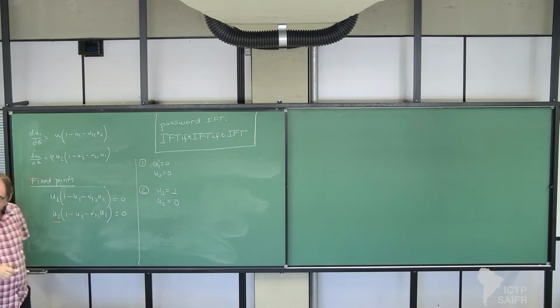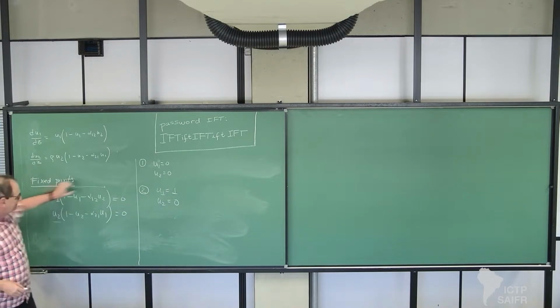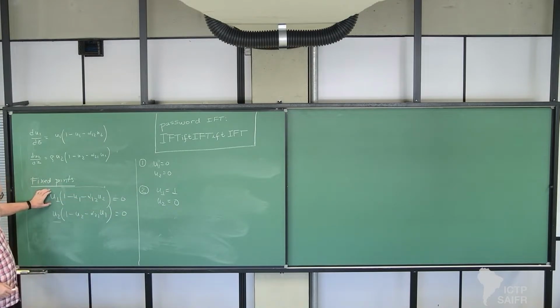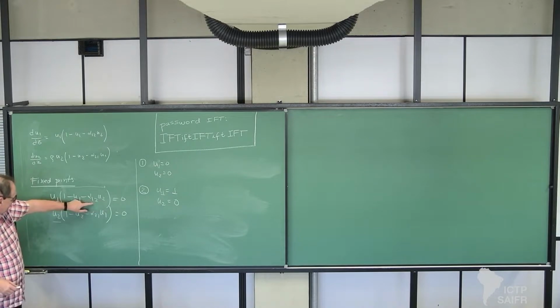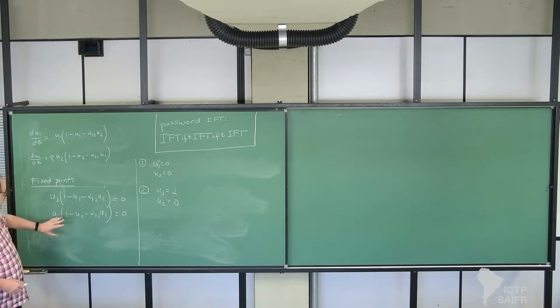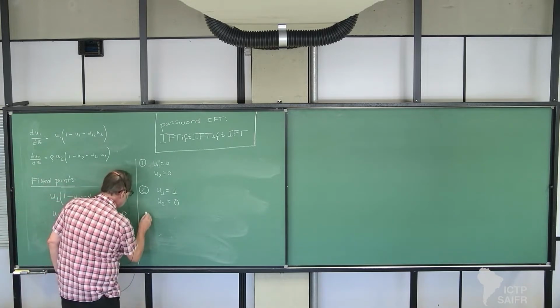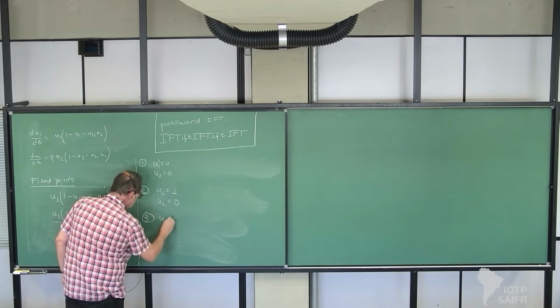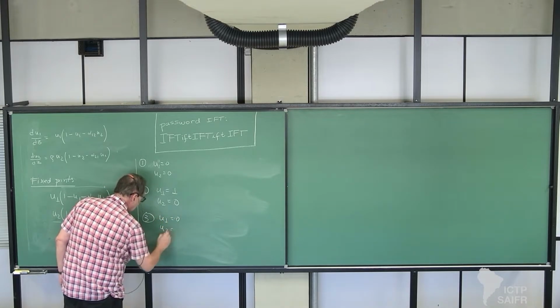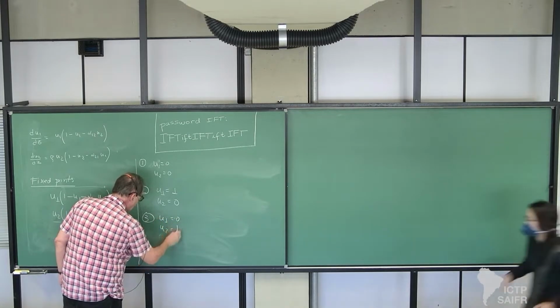Everybody's okay with this? The 0 is always a solution, and what remains here is either this one is 0, which was the first case, or as this one is already 0 because u2 is 0, then u1 is equal to 1. And then I can obviously do the symmetric case: u1 equal to 0, u2 equal to 1.